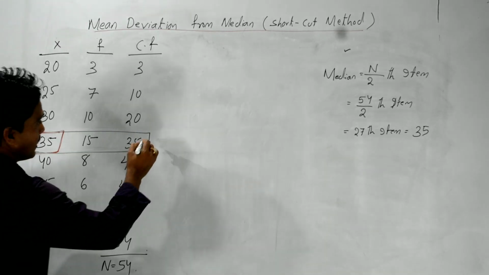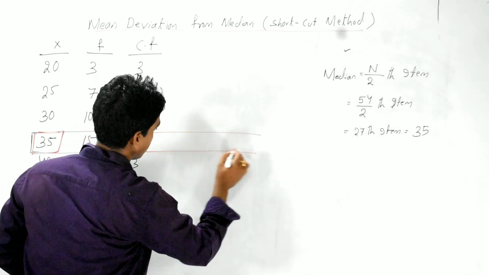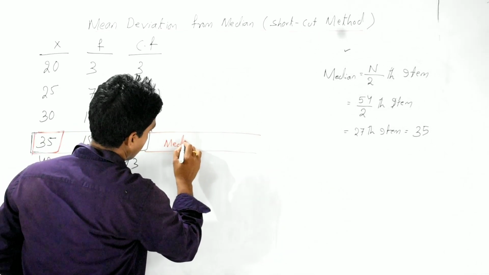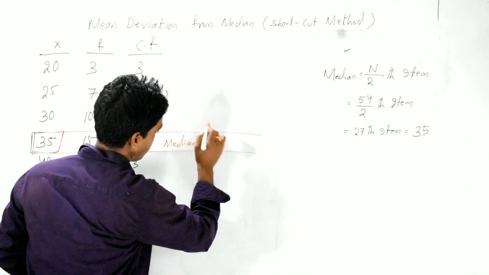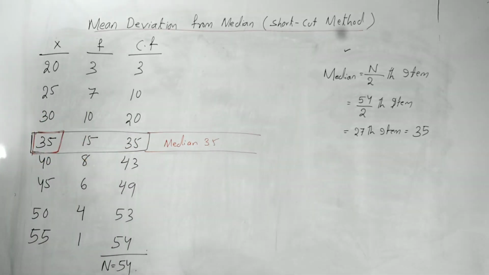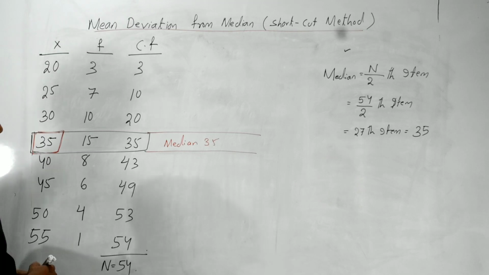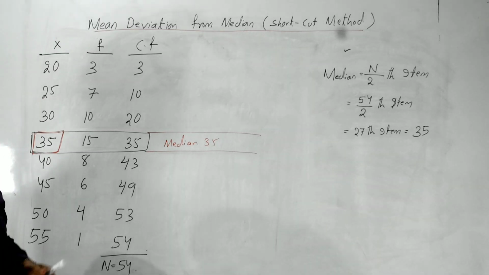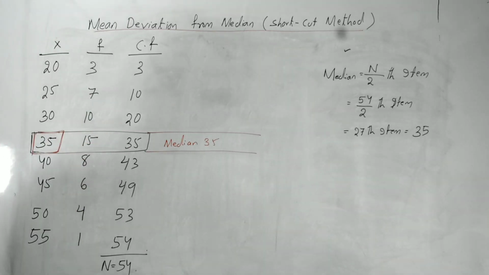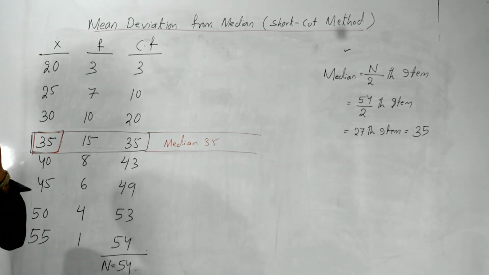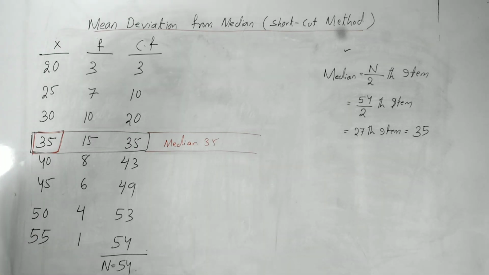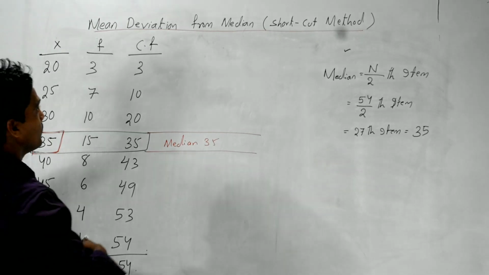So our median is 35, so the upper part of the series should be taken as B group, which are less than the median, and its lower part should be taken as A group, as it is greater than median.